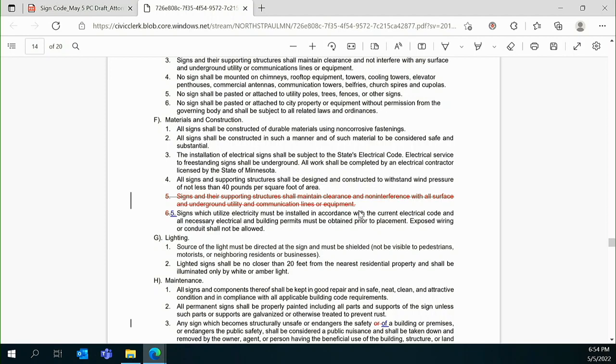And is G external lighting only? Does that only deal with external? I don't think it has to. Lighted signs shall be no closer than 20 feet. I mean, if you've got an internally lit sign that just happens to be really bright, you might not want it. No, but I'm reading the first one. The source of the light must be directed at the sign.